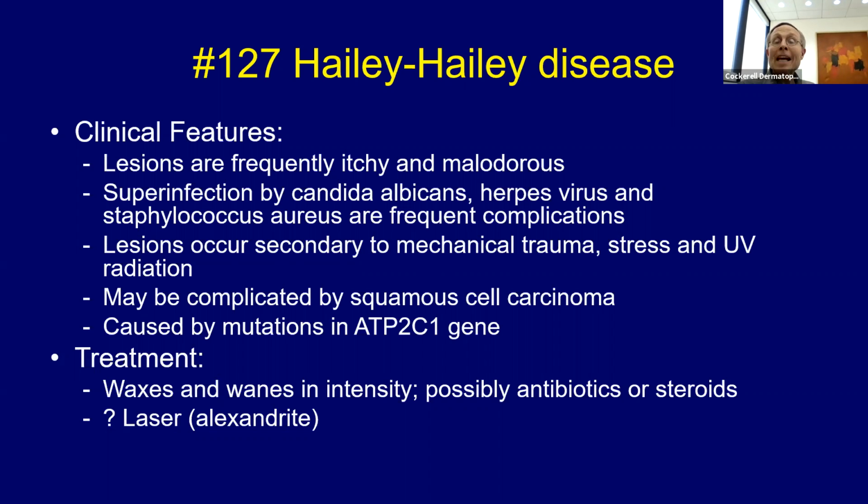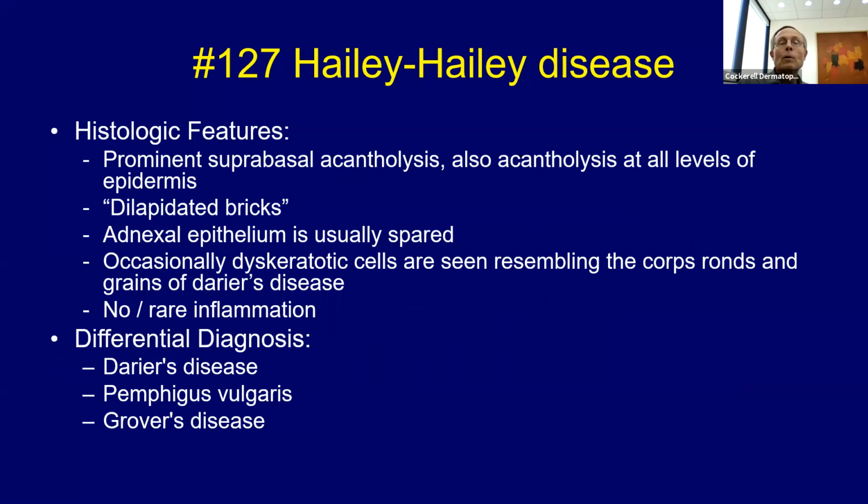And you need to know what the mutation is. You might even want to know what that gene actually does. I mean, is it associated with calcium transport? So make sure you know a little bit about that. Whenever there's a gene, you need to know about this, but you definitely need to know the histologic reaction pattern of acantholysis and acantholytic dyskeratosis. So that is classic. You've got to know that.